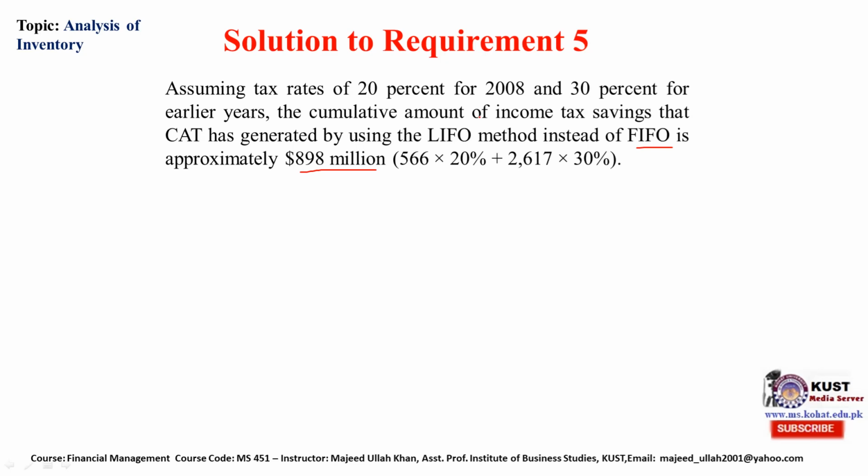So 113 plus this multiplied by 30%. So the total amount that is saved by Caterpillar using the already existing method, the LIFO method, is 898 million dollars.